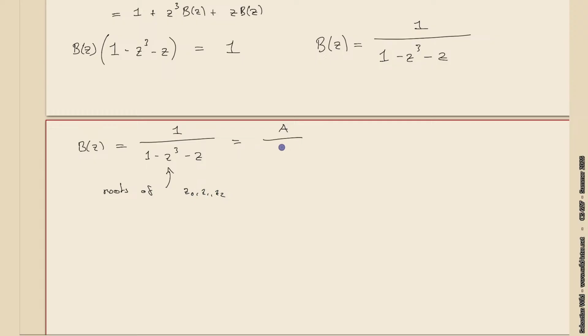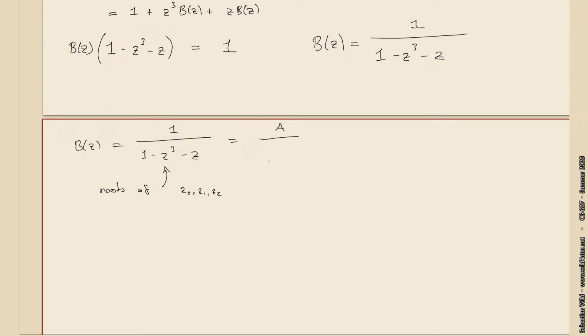Then I can find a representation where it's z minus z0, z minus z1, and another constant divided by z minus z2. And so we need the roots of this polynomial to do that.